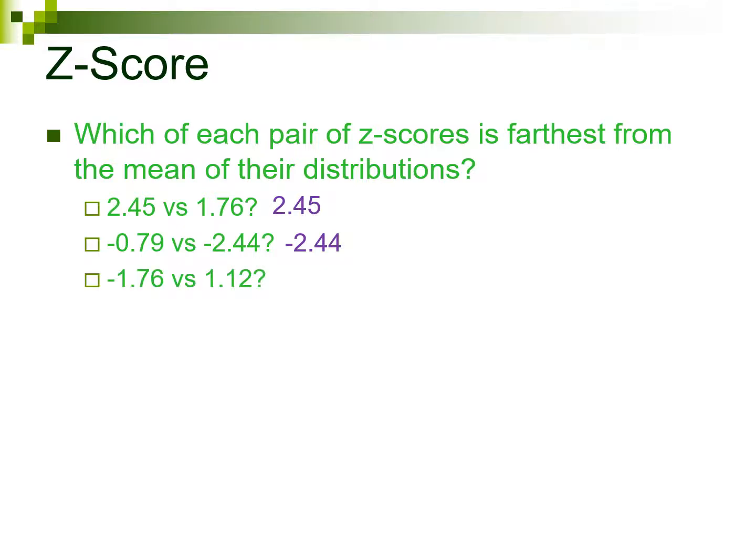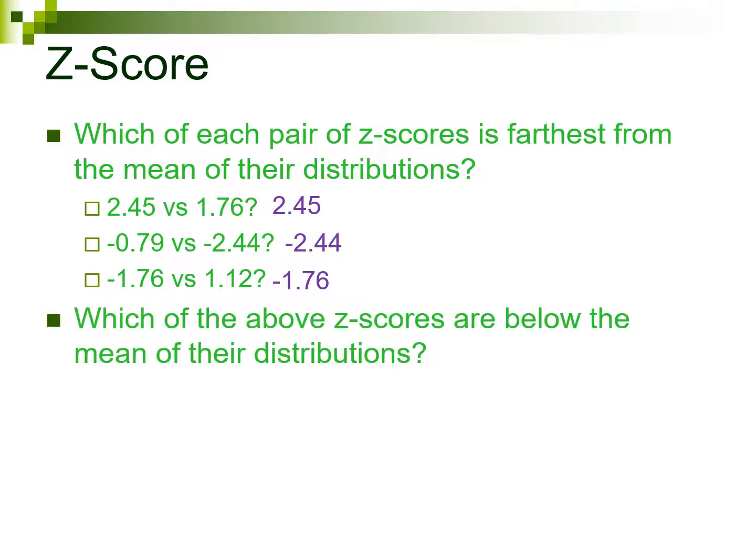And then finally, -1.76 versus 1.12. Again, take the absolute value, ignore any negative signs. 1.76 is bigger than 1.12. So -1.76 would be farther from the mean of its distribution than 1.12.